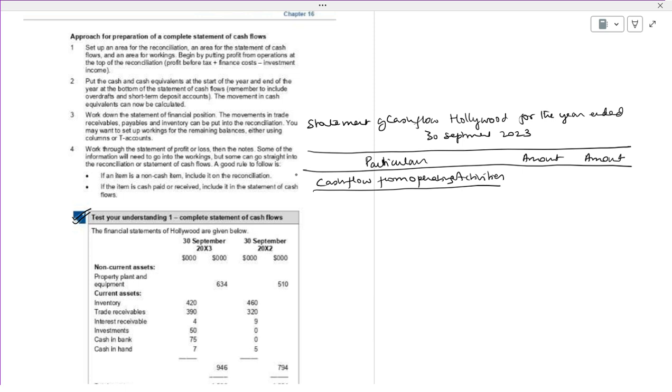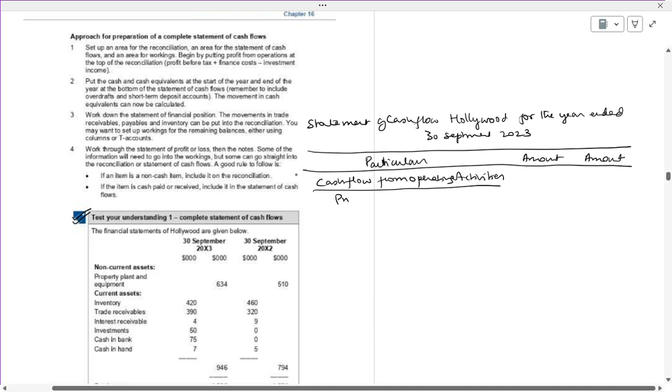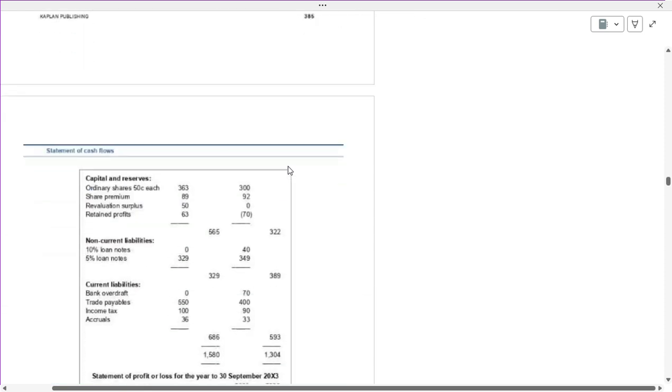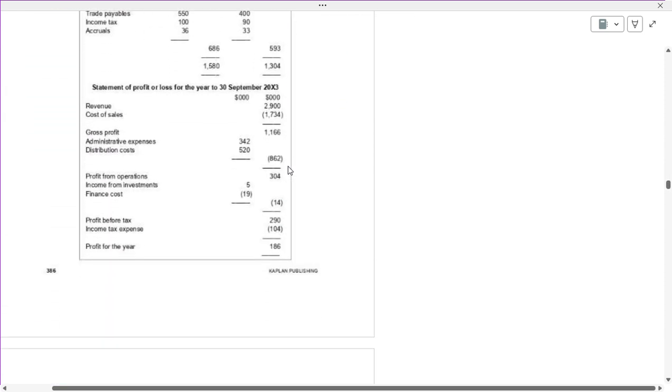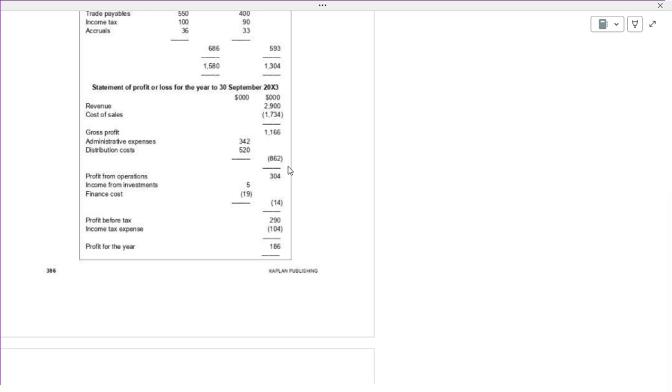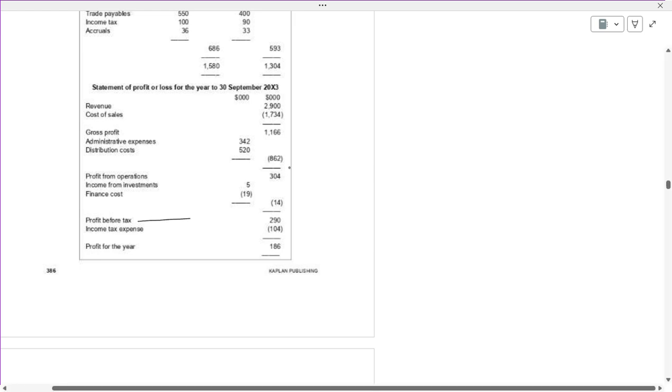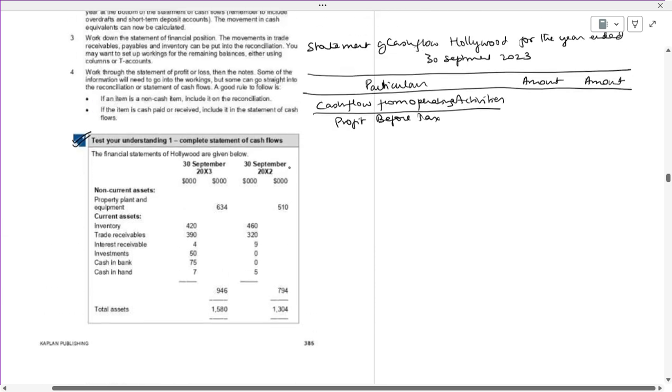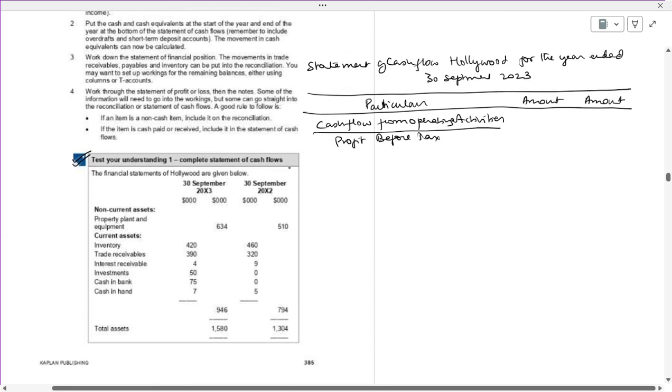Profit before tax. See the income statement. In the income statement, you will have profit before tax. How much is the profit before tax? 290. You have to take that and write it here. That's all. Next, you have to make adjustments.